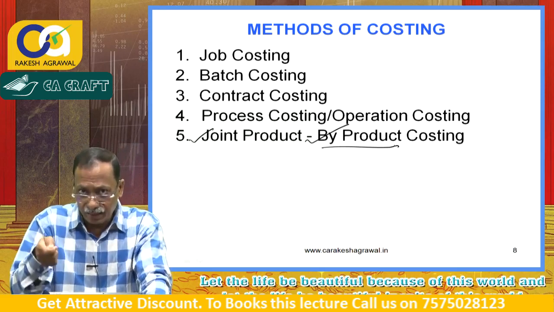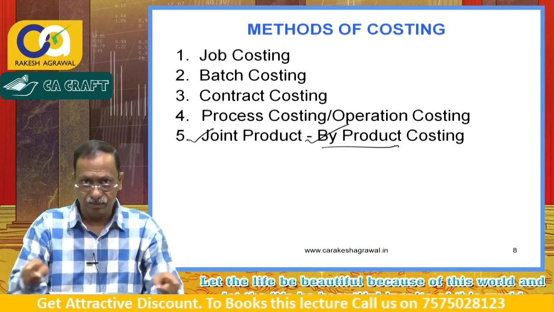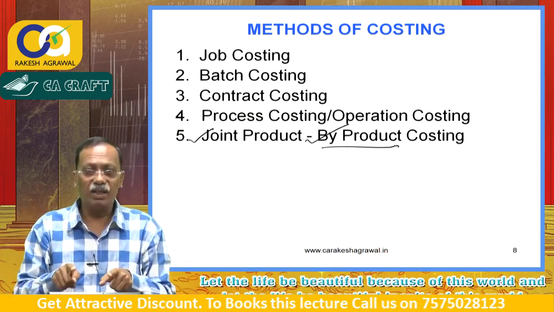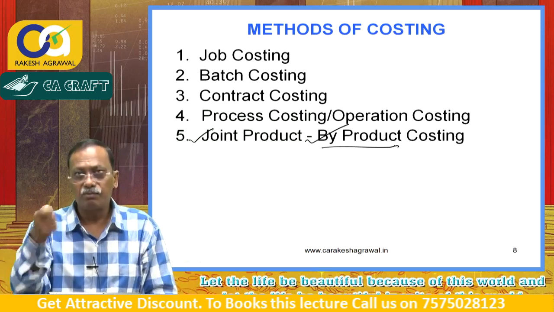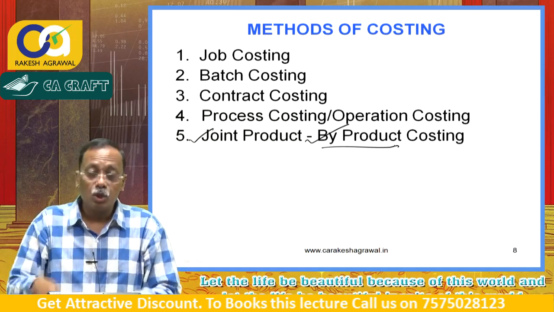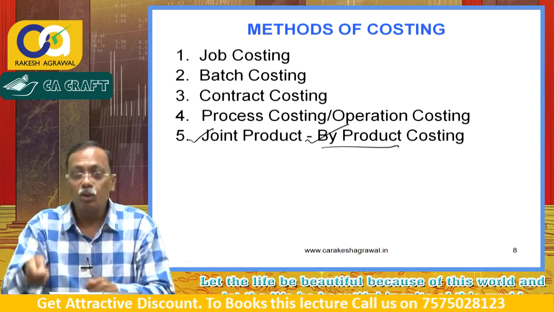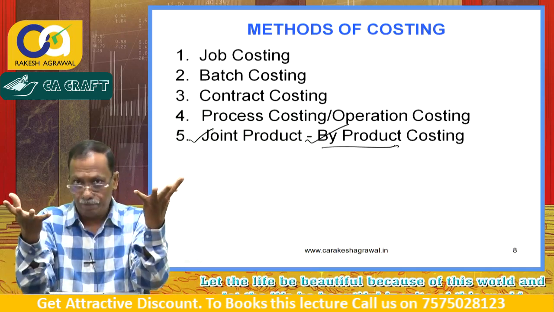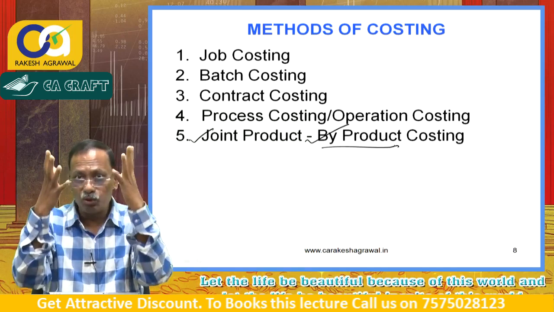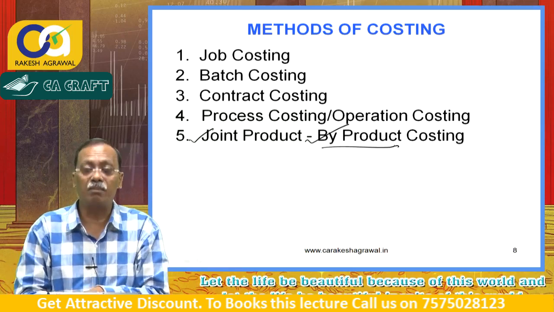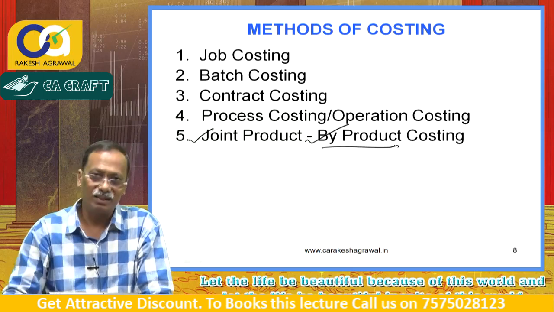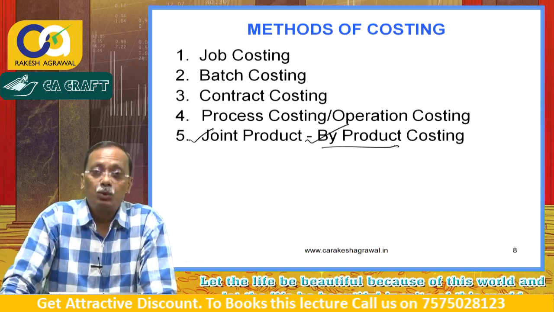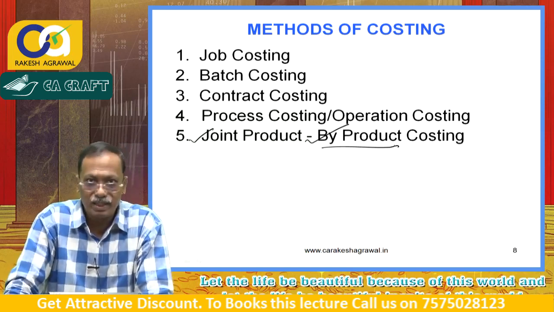If bagasse is lit in the furnace, furnace means bhatti in Hindi, a place where fire is lit, then water is boiled. Once you boil the water, it generates steam, and if that steam is passed through turbines, it generates electricity. It means bagasse is used to generate electricity also, my dear friend.